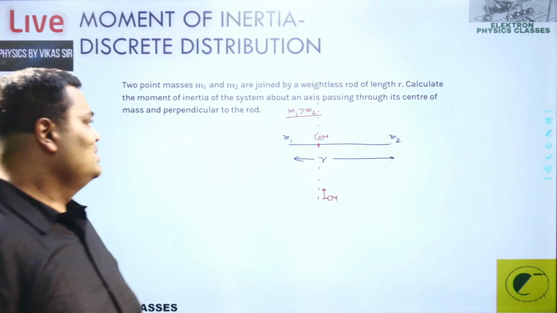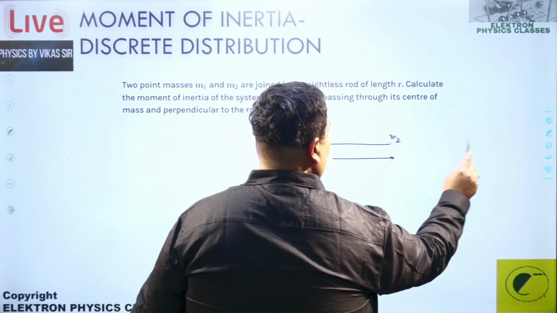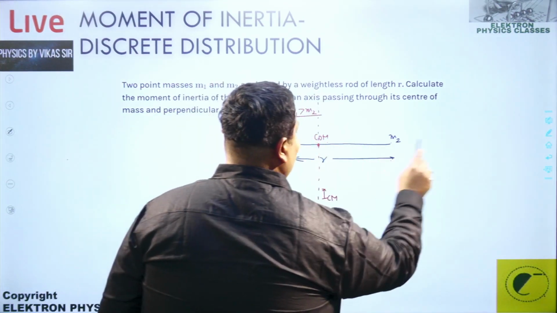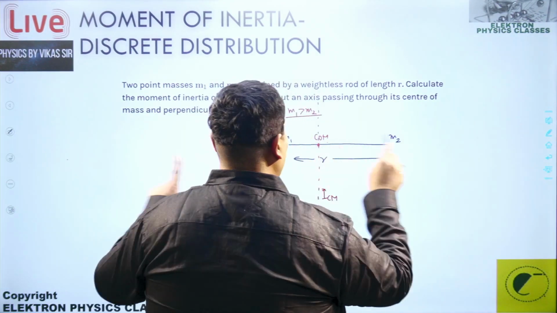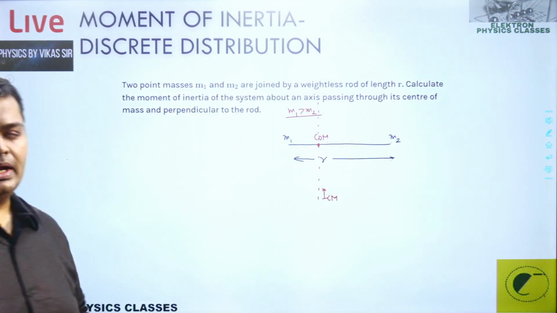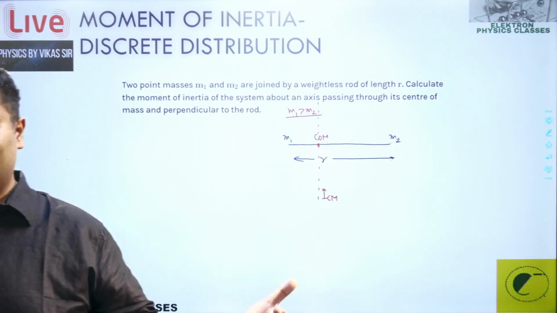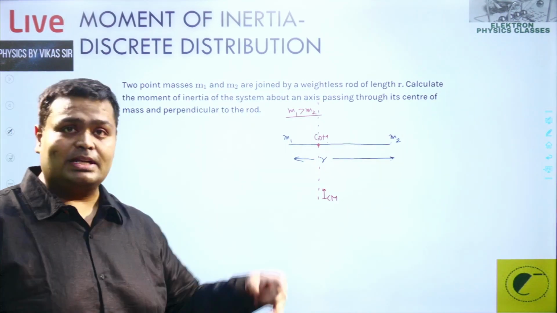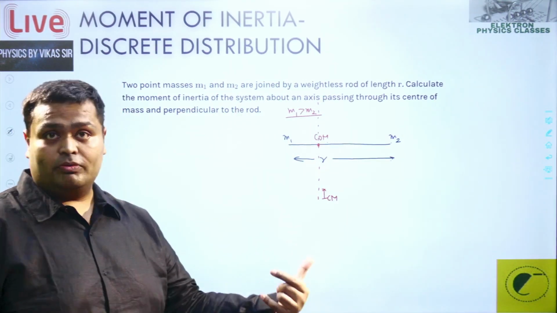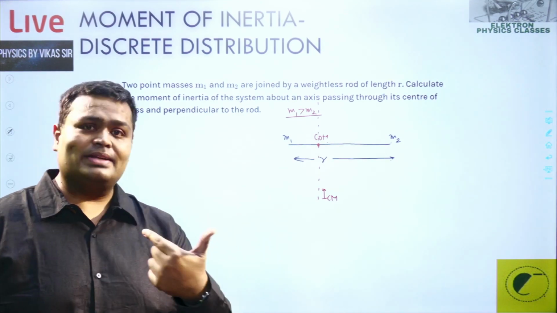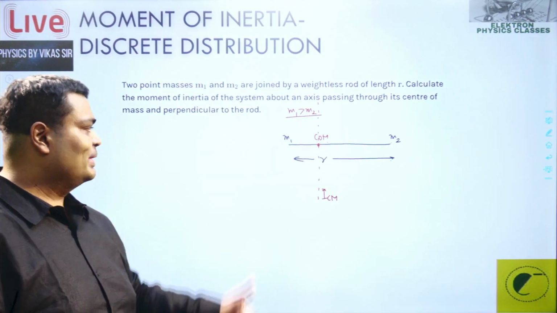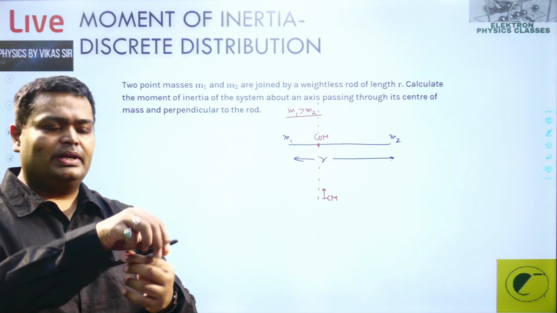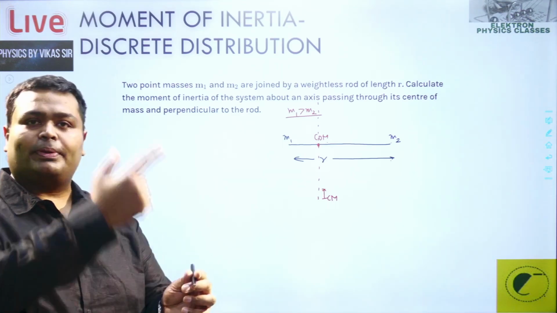Yes, it can be. See, you can create an axis like this. It will be passing through the center of mass, but both the particles will lie on that axis, and therefore the moment of inertia can become 0. Correct? So this is a centroidal axis which is passing through the center of mass and perpendicular to the rod. So we can rotate this in this horizontal plane, and the axis is perpendicular to this.